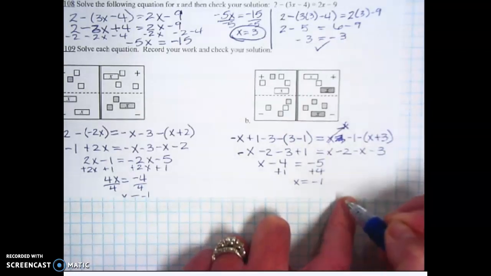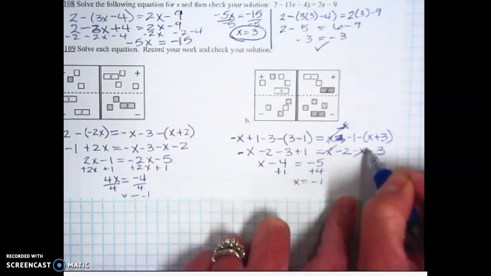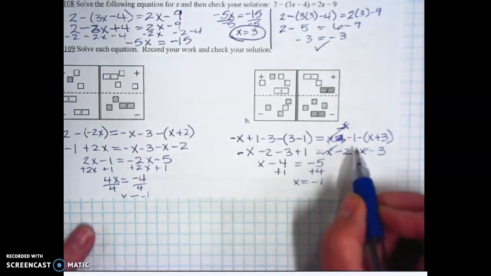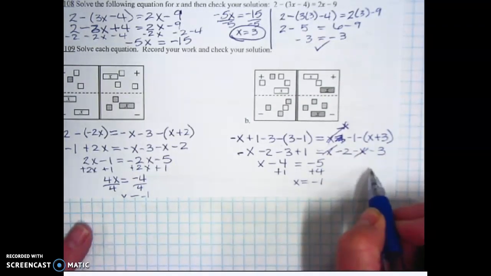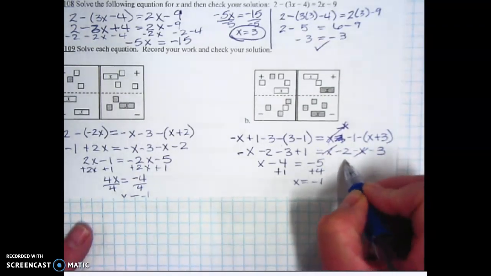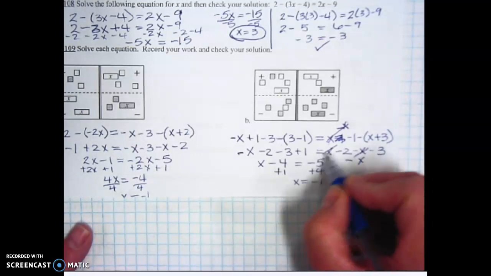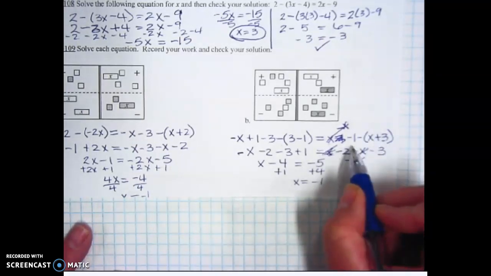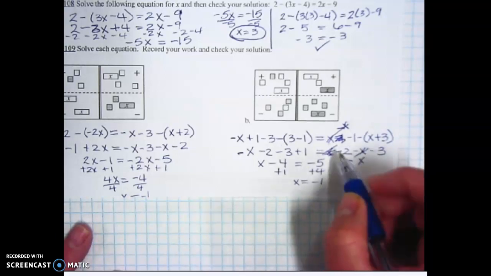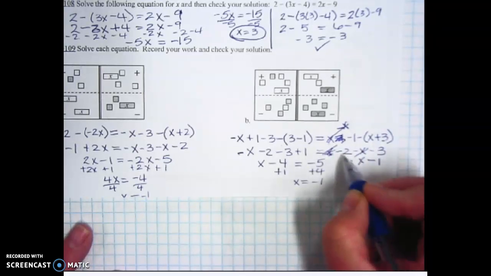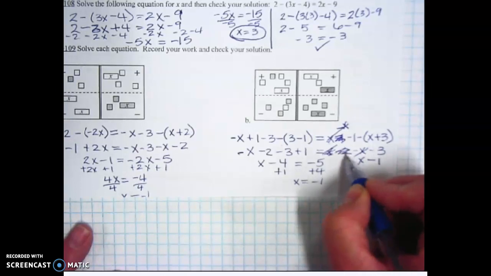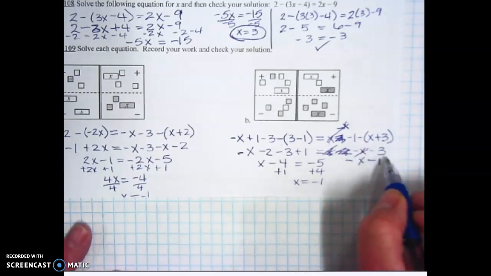They are opposites, so they're gone. They're a 0 pair. And then what do we got? We should still have a negative x over here. Okay. And then we should have negative 1. And then minus 3, good.